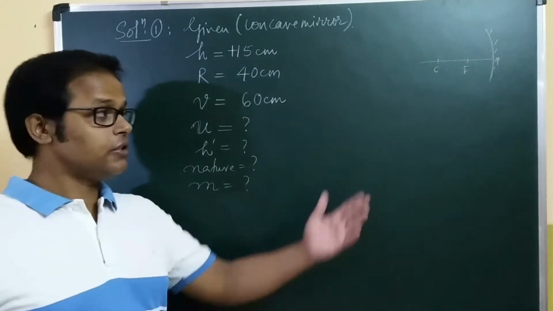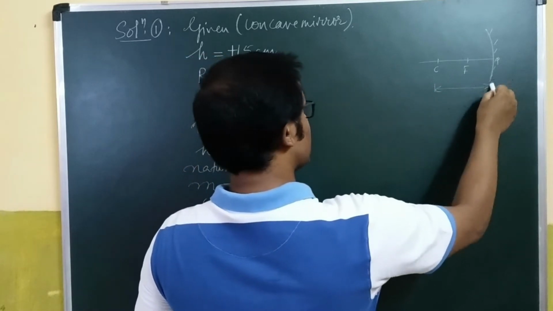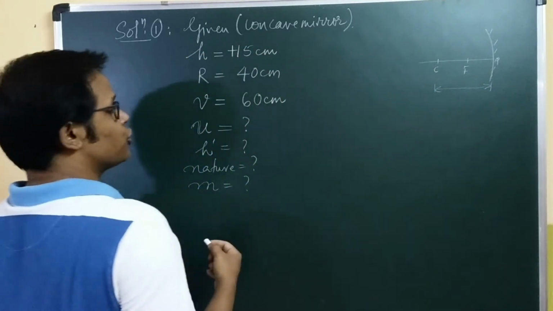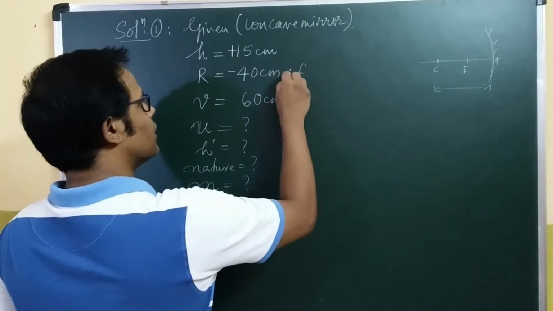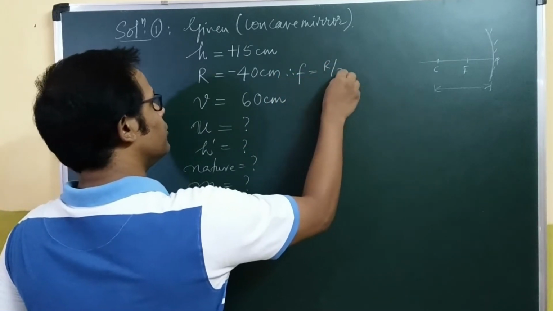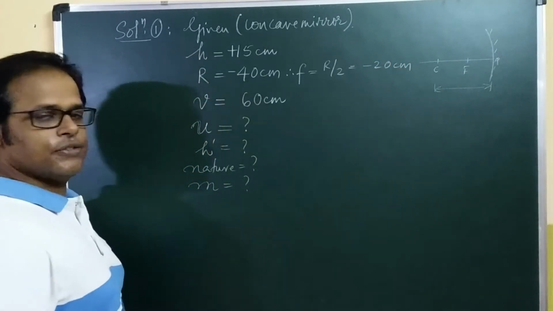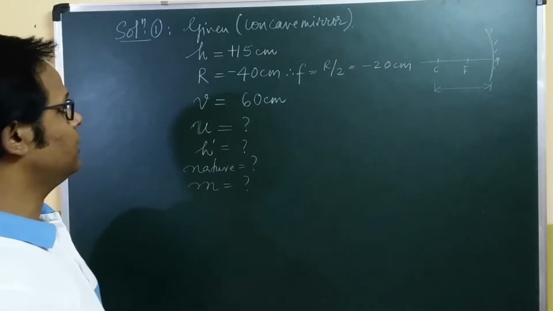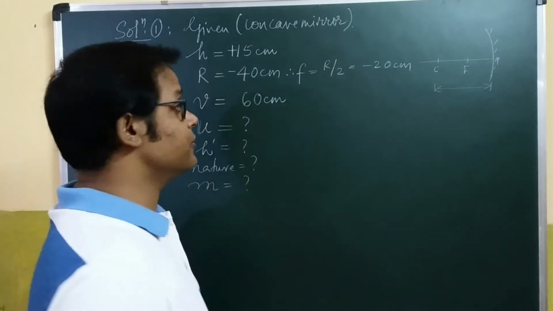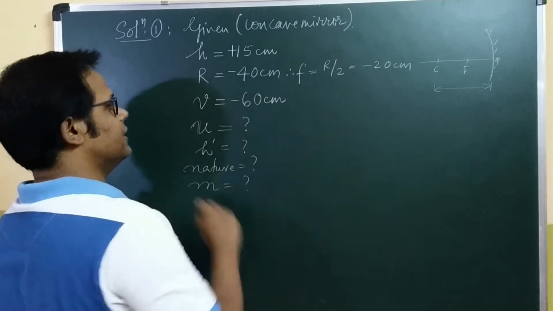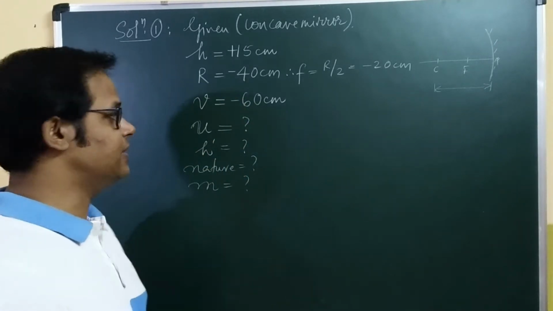Radius of curvature, you can see the distance that is lying to the left hand side, so it should be negative, so minus here. Therefore focal length equals r by 2, that gives me minus 20 centimeters. I think it's very clear, negative sign. A real image is always formed to the left hand side, so it should also be given a negative sign. I think sign conventions are very clear.